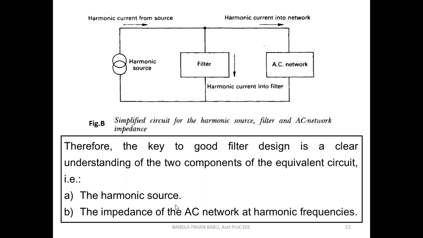The other is the impedance of the AC network at harmonic frequencies. The total line impedance should not be affected by the filter impedance. So we need to choose the proper impedance based on all these factors: TIF, harmonic distortion, harmonic form factors and so on.